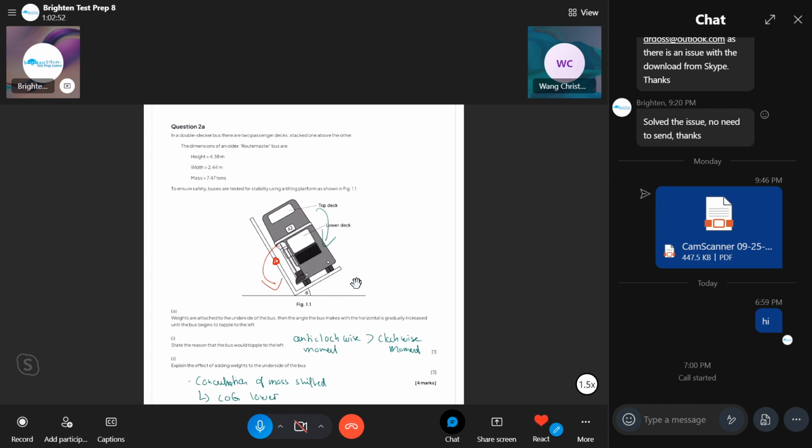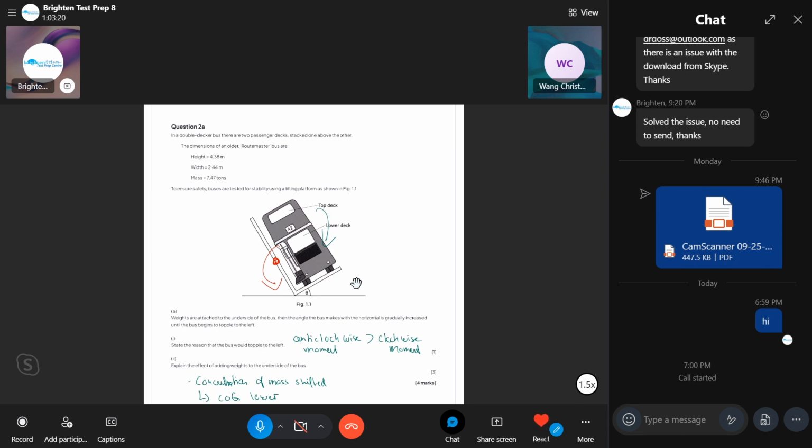Because it's a 3 marks question, we have to think of subsequent results. Otherwise, there's not more to say. That is the core point, that the center of gravity has been shifted. What is the effect of that? Stability.